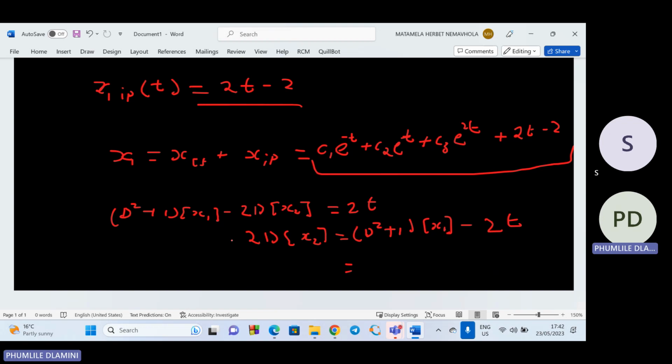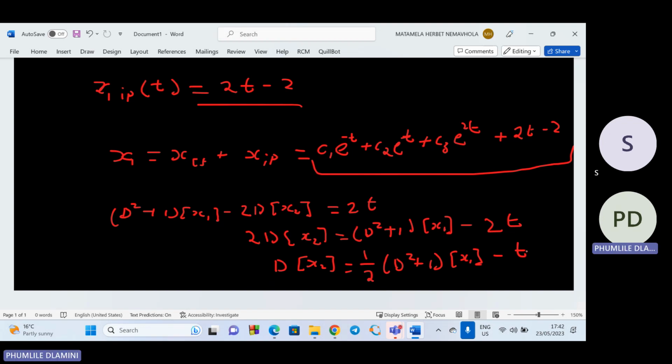Let's just divide by 2. Our Dx2 is going to be 1 over 2 in brackets, (D squared plus 1) of x1 minus t.